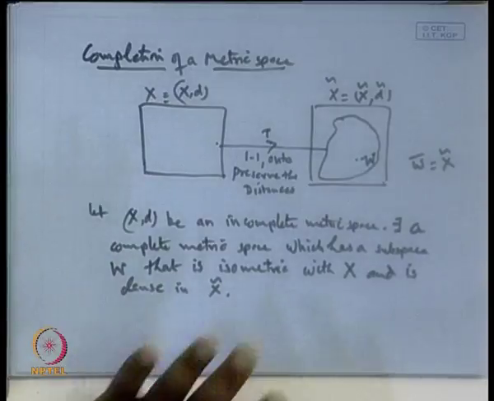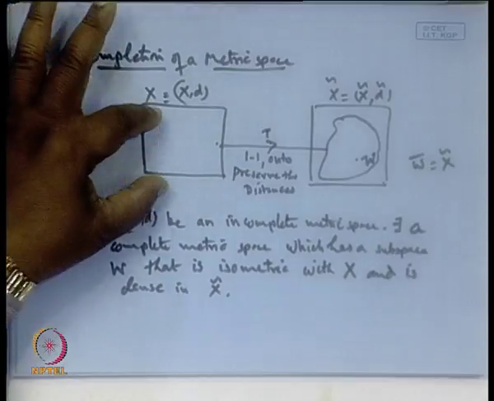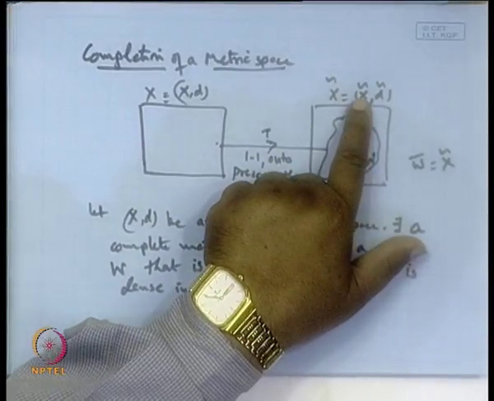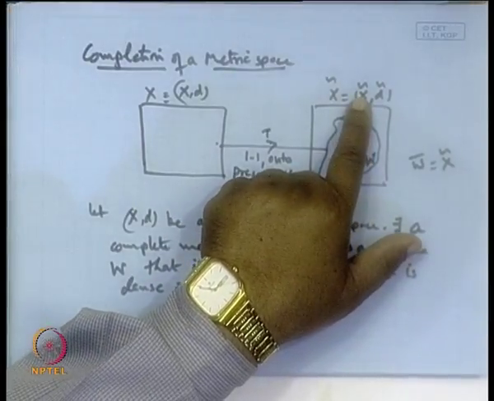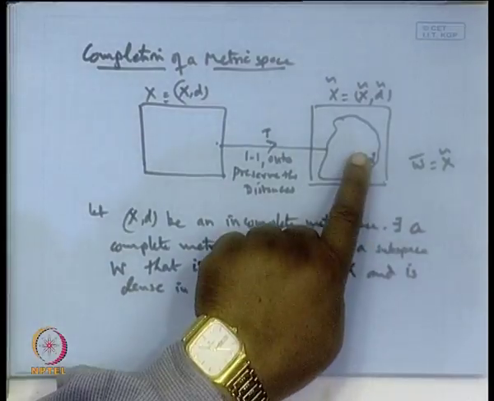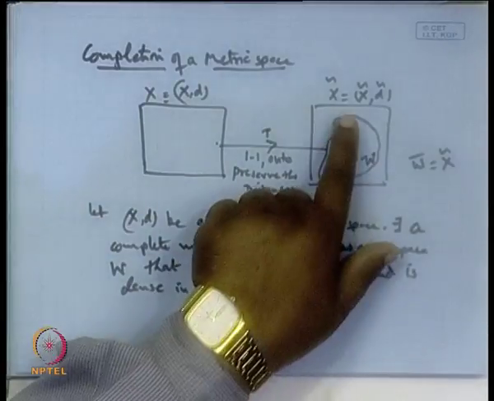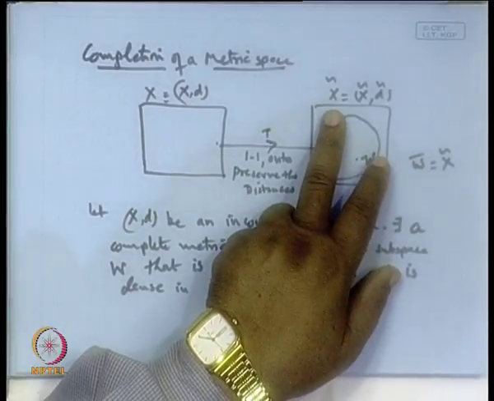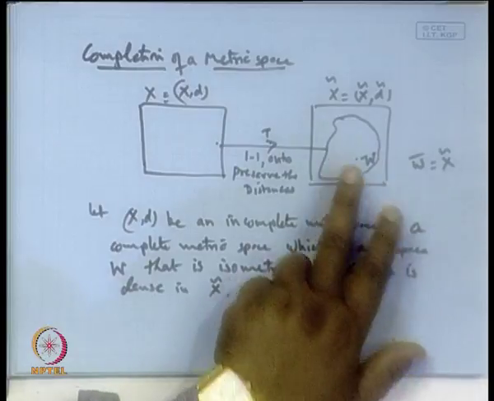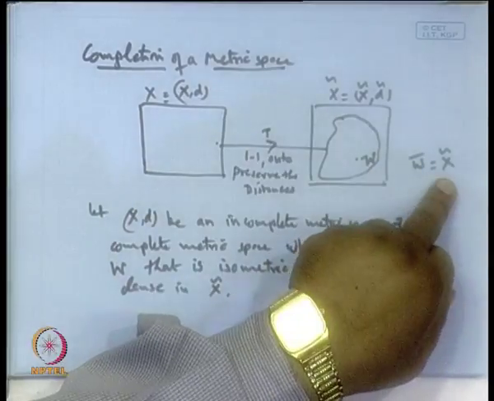So, what is that? If X be an incomplete metric space, then one can always find a complete metric space X hat such that there will be a subspace W available in this space X hat, which is isometric with X, and this W is dense in X hat.